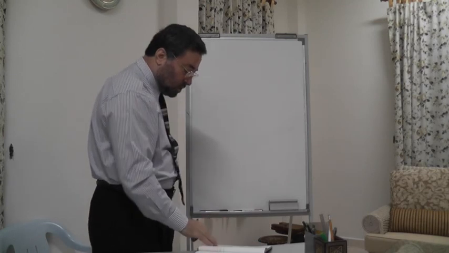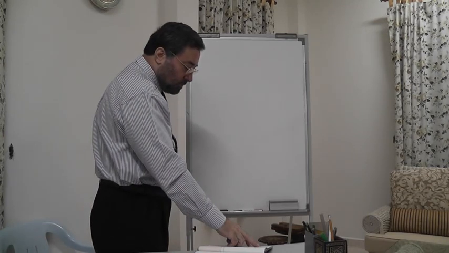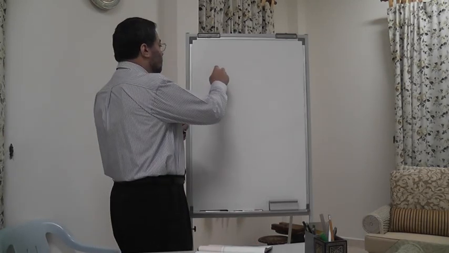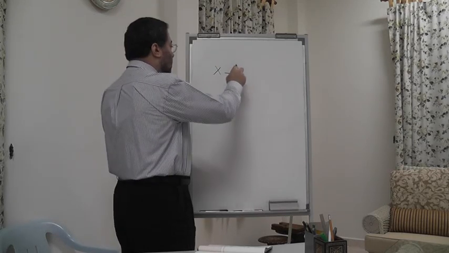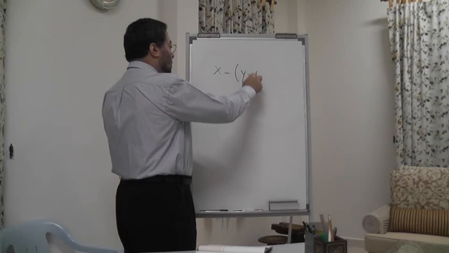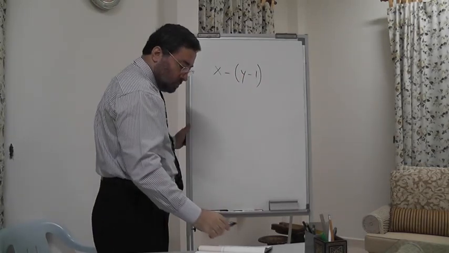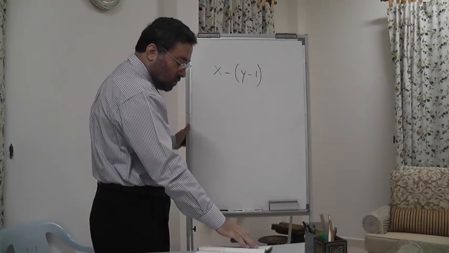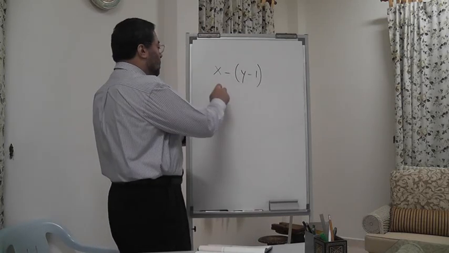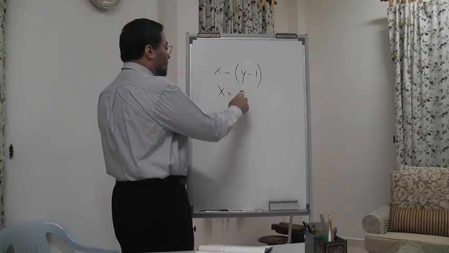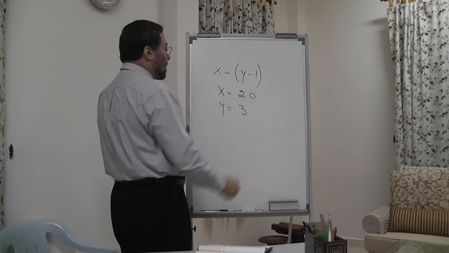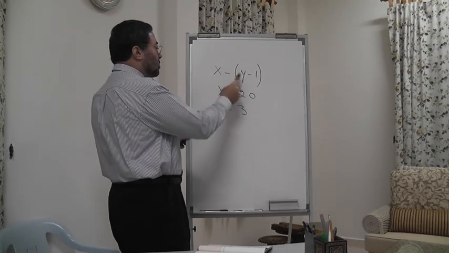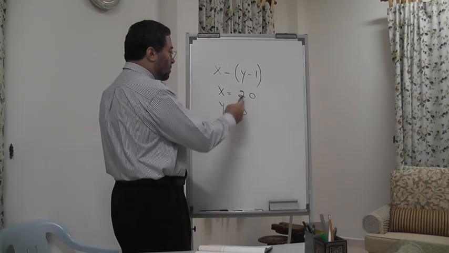Now we'll do exercise 42 on page 8. x minus, for x equals 20 and y equals 3. So we are evaluating this for x equals 20 and y equals 3. Again, I replace the unknowns or the variables with their value.